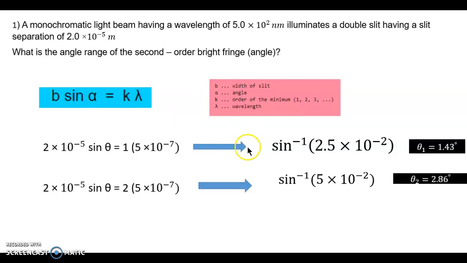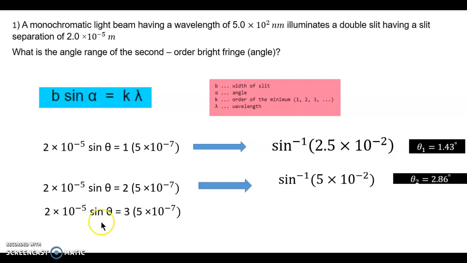Try to read the pattern. You could see 1.43, 2.86. Just multiply 1.43 by 2, it gives us 2.86. Let us make sure our calculation is right. If we substitute instead of 2 here, we will replace it by 3. Again, 2 times 10 to the negative 5, it's a constant separation distance. And here we have 3. So now 3 times 5 times 10 to the negative 7. Divide each side by 2 times 10 to the negative 5.